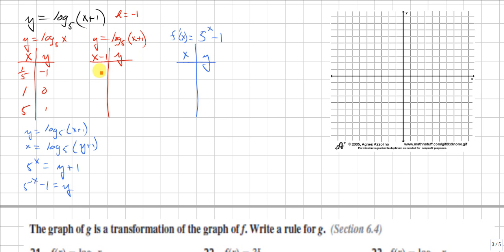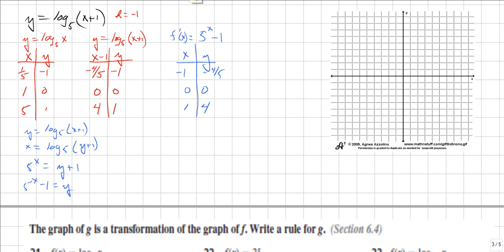So 1/5 minus 1 would be negative 4/5. 1 minus 1 is 0, and 5 minus 1 is 4. My y values don't change. Then for my inverse, the x and y values will switch, so that'd be negative 1, negative 4/5. I would have 0, 0, and I would have 1, 4.